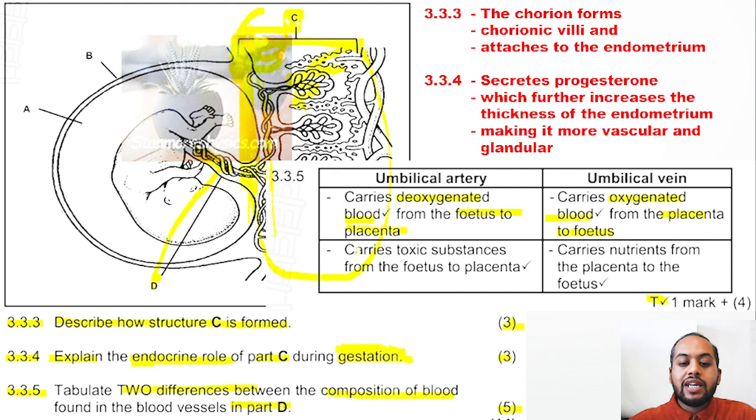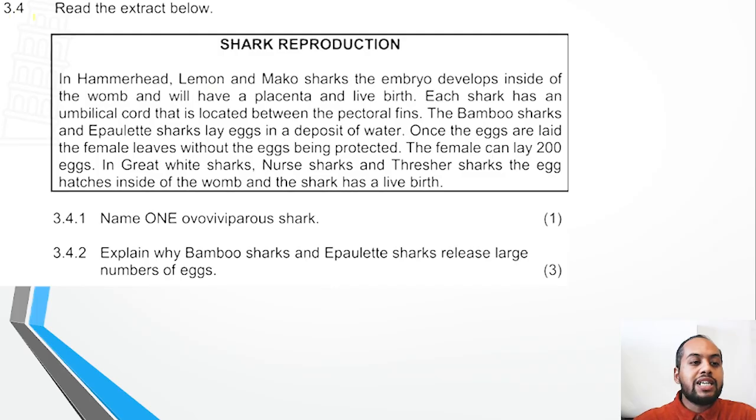Another difference: the umbilical artery carries toxic substances from the fetus to the placenta, while the umbilical vein carries nutrients from the placenta to the fetus. 2 differences that you would have stated, 1 mark per statement and 1 mark for the table gives you 5 marks for 3.3.5.